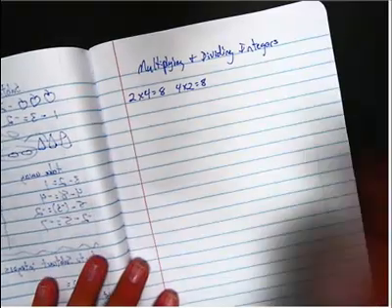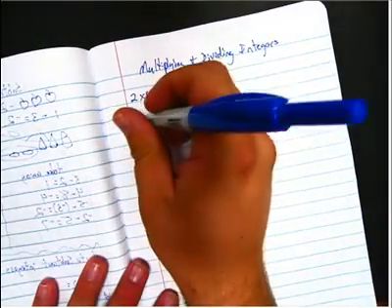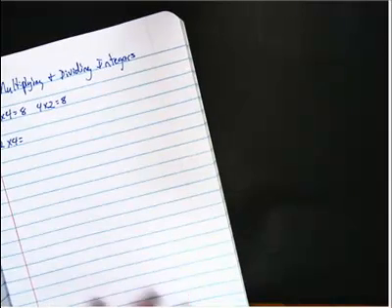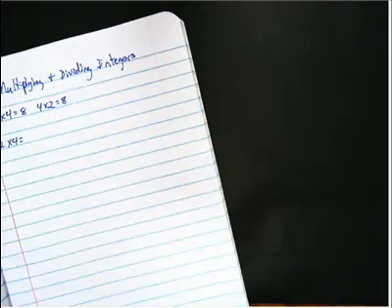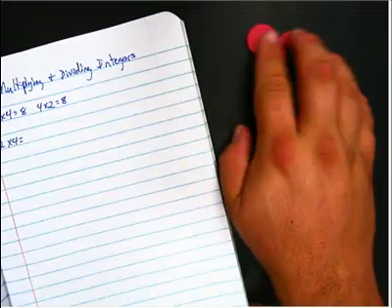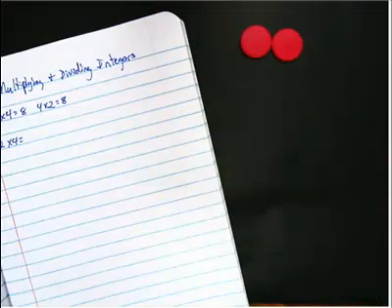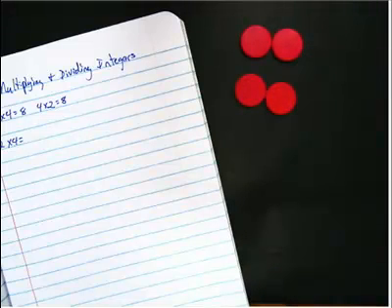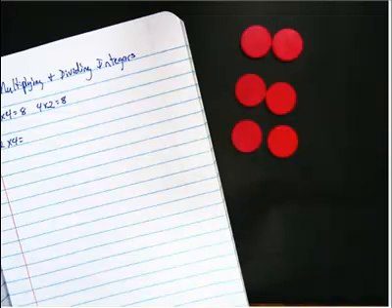Now we're going to throw an integer at you. We're going to say negative 2 times 4. What does that equal? Well, we know that 2 times 4 is 8, but we've got negative 2. So I'm going to have negative 2 right there. But when we say times 4, we're saying that I have 4 sets of these negative 2's.